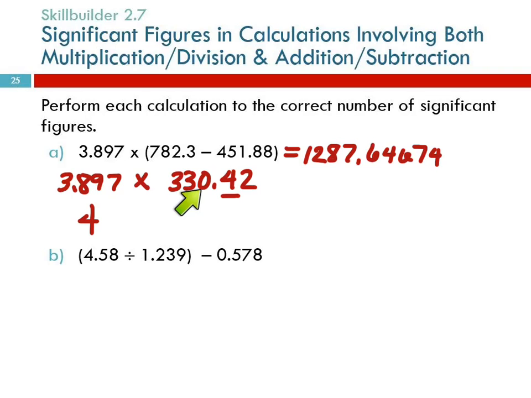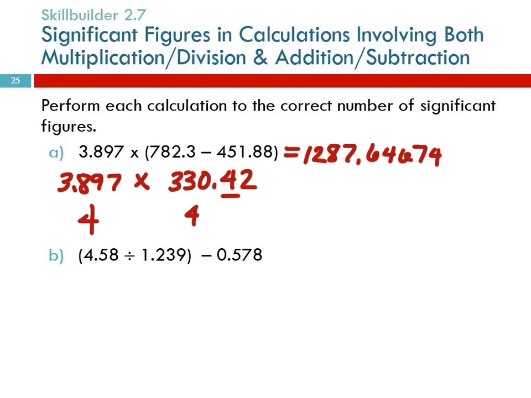And 330.42, we underlined the 4 because that was an uncertain digit. The significant figures include the first uncertain digit. So this number also has 4 significant figures. The 2 is just getting carried around so that we don't have any rounding errors. But it doesn't get counted. So this has 4 sig figs.